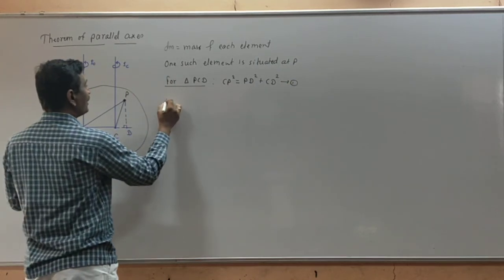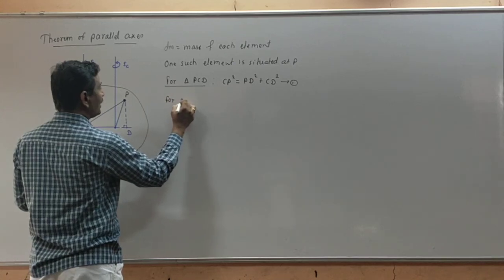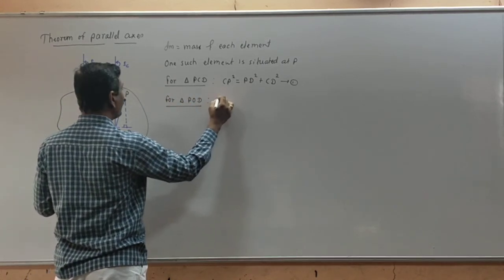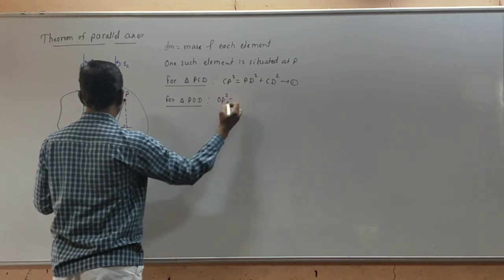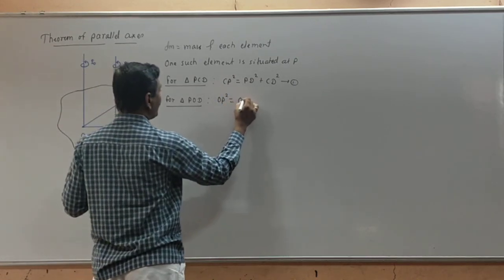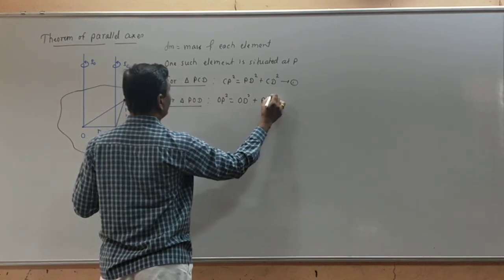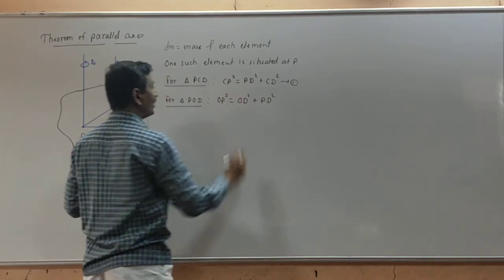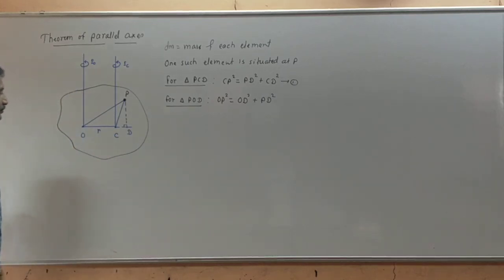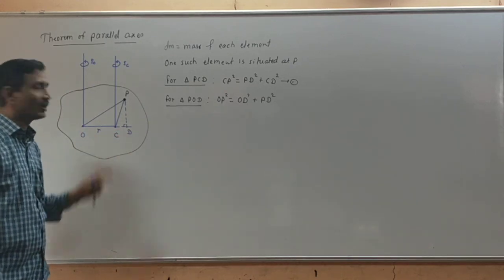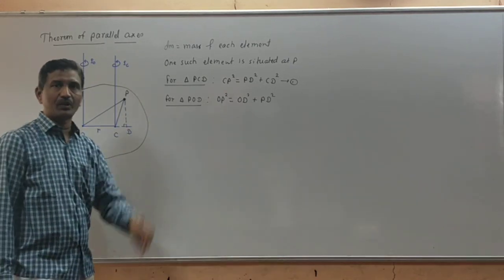Similarly, for the another right angle triangle POD, by Pythagoras theorem we get OP square is equal to OD square plus PD square. Now see the diagram. OD is nothing but OC plus CD, because O, C and D are the linear points.